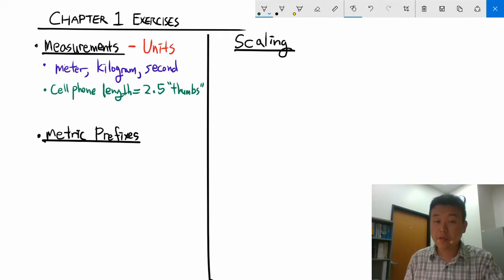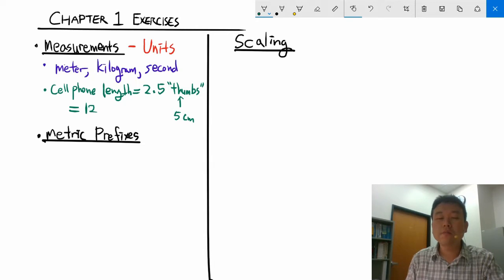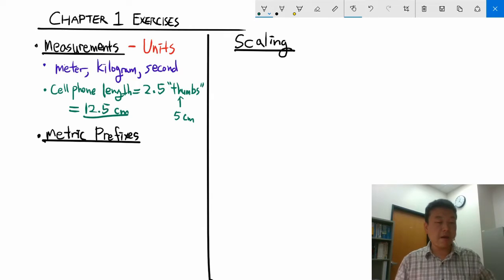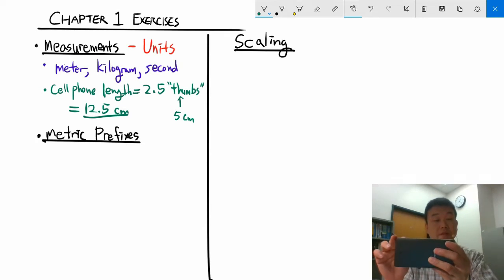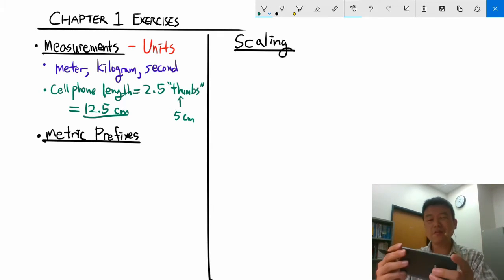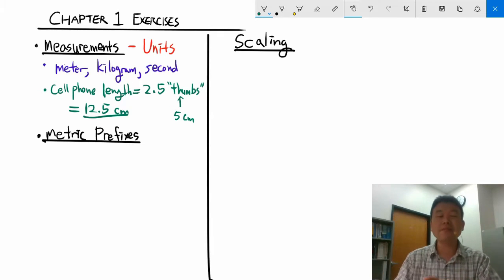Because one thumb is equal to 5 centimeters, at least for me, when I convert this to centimeters, it becomes 2.5 times 5, which is 12.5 centimeters. So using my thumb, I measure my cell phone to be about 12.5 centimeters long. Maybe it's a little bit longer than that, but that's the basic idea.